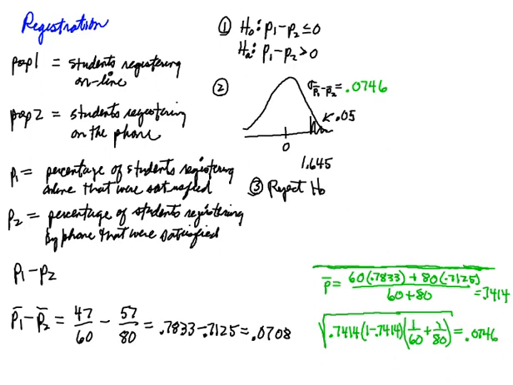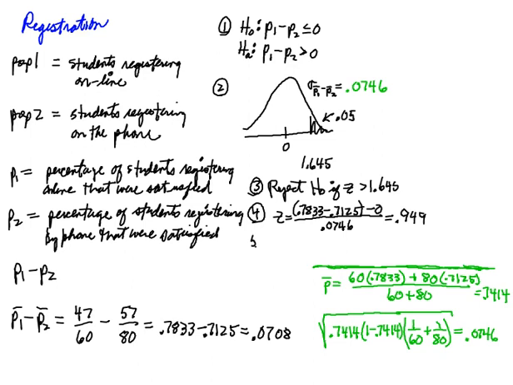Reject H sub 0 if the test statistic is greater than 1.645, and the test statistic turns out to be, taking the difference in my sample percentages, comparing that to what I'm testing against, and then dividing by my standard error, I get 0.949.